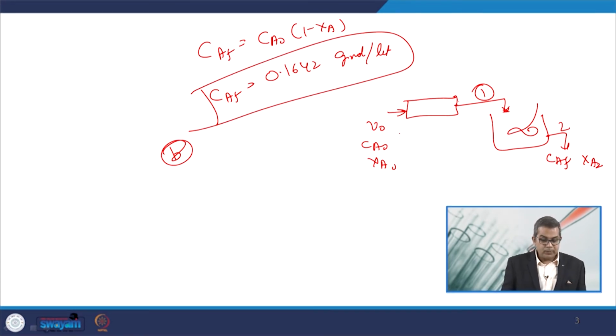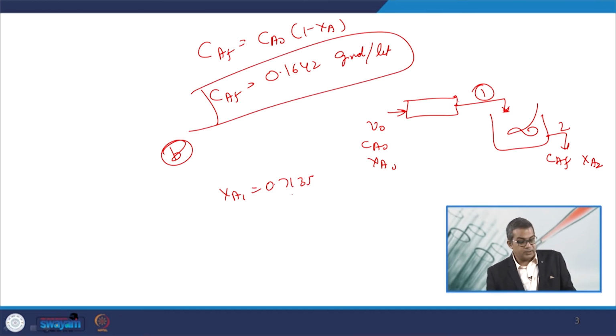Now for the first plug flow reactor, the conversion which we have already found out is XA1 equal to 0.7135. Now let XA2 be the conversion at the exit of the mixed flow reactor at point 2.